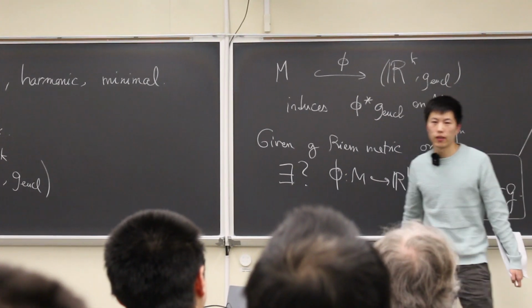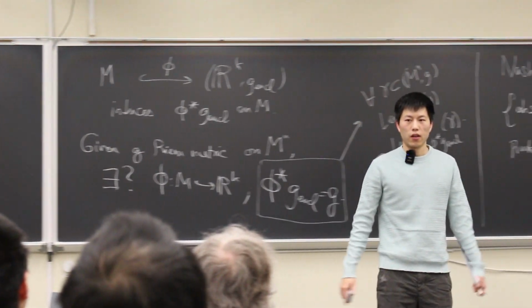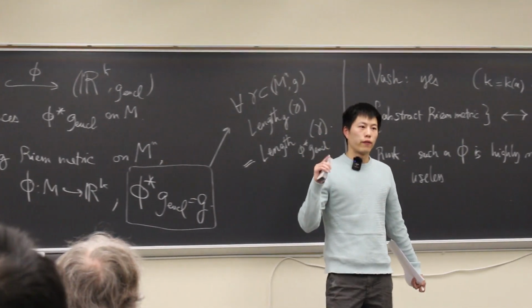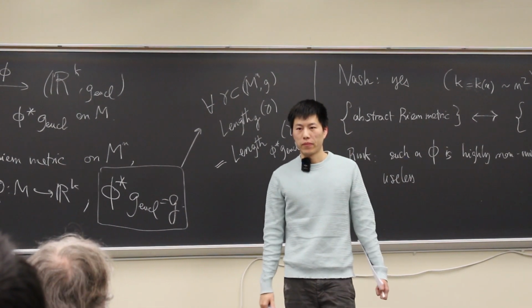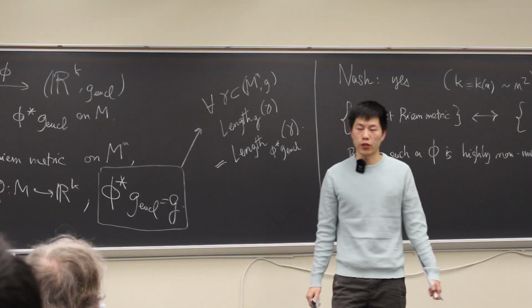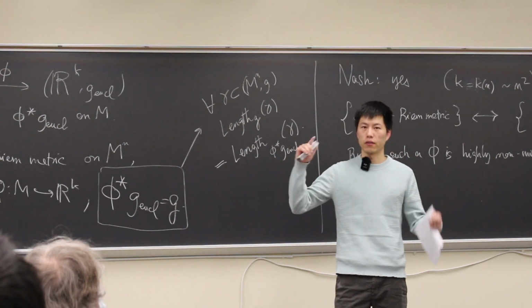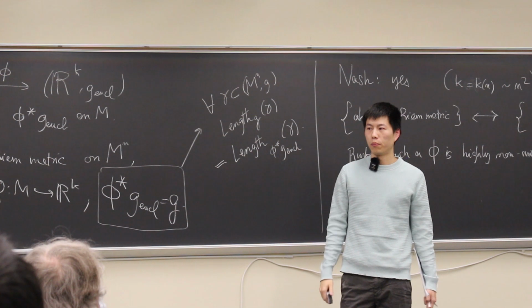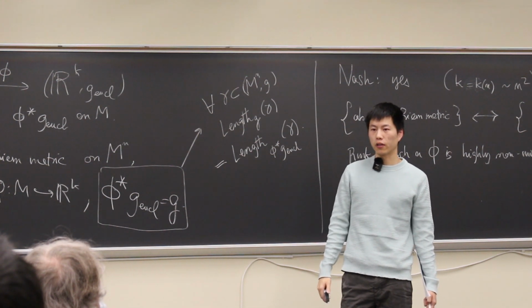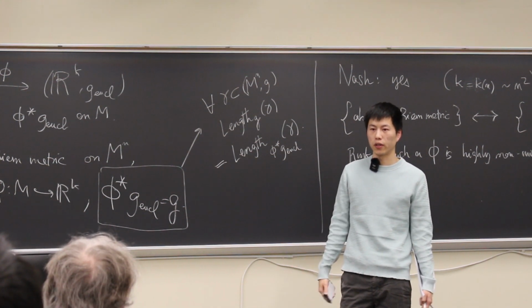Nevertheless, that's right, it's possibly unique. That's a famous problem. For, say, convex surfaces, it doesn't always exist, but it is unique. For embeddings of surfaces in R3 that are isometric, for convex surfaces it's going to be unique. But in general, it's not going to be unique, even for R3.